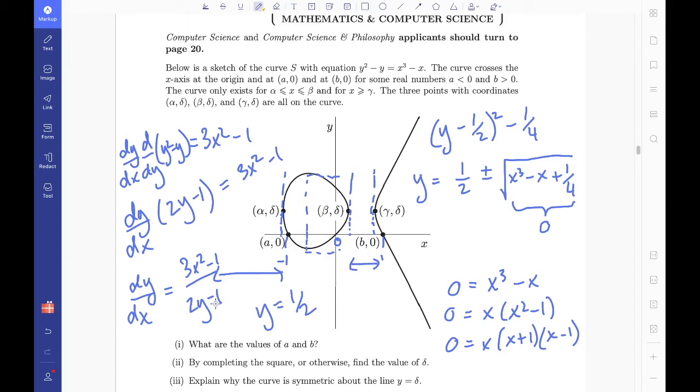You could even, if you wanted to, flip this, dx dy, and say that that is going to be equal to 0 when 2y minus 1 equals 0.